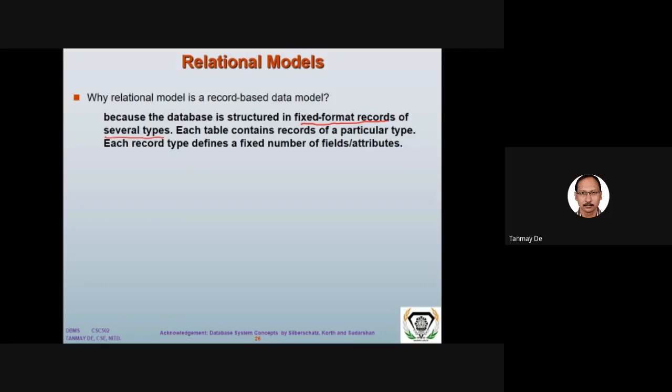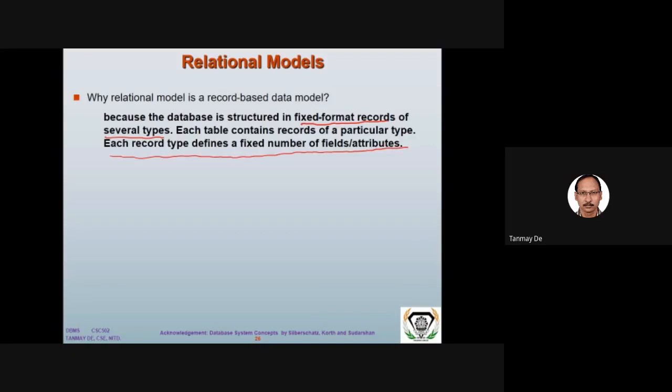For example, the loan type, depositor type, borrower type, asset type, and so on. Each table contains records of a particular type, and each record type defines a fixed number of fields or attributes.